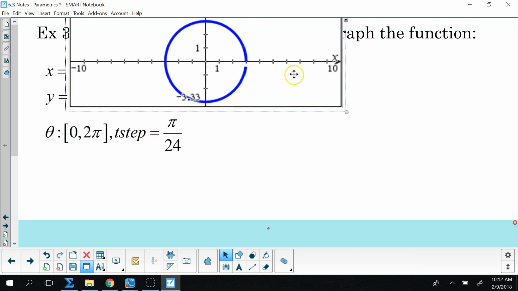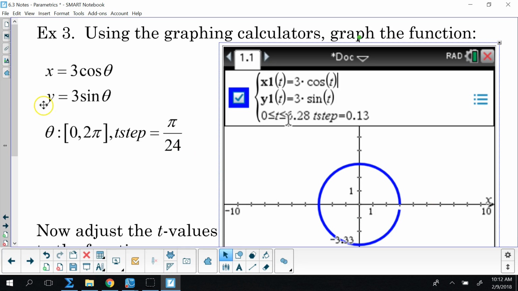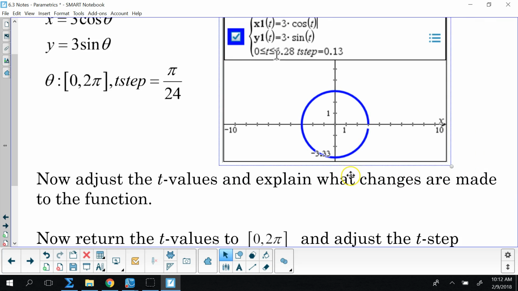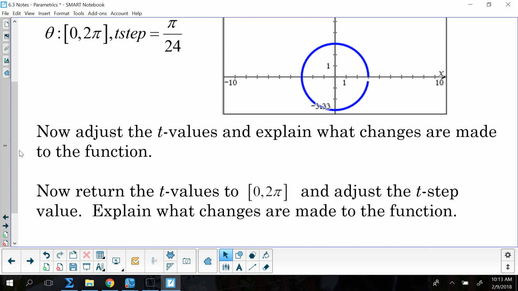Now, what I would like you to do is play around here with two different aspects of that exact same function. First, adjust your t values other than 0 to 2 pi to something different.